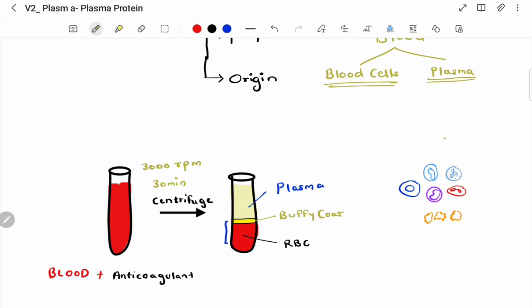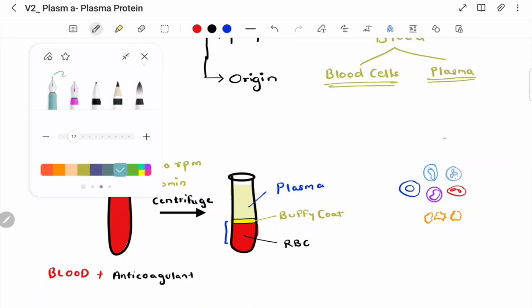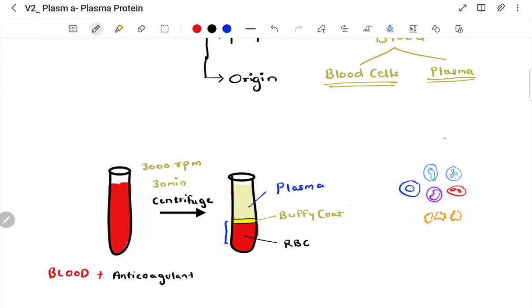This buffy coat is formed by aggregation of white blood cells and platelets. White blood cells, platelets and RBCs form blood cells. 55% of total blood volume is plasma, whereas 45% of total blood volume is given by the blood cells.